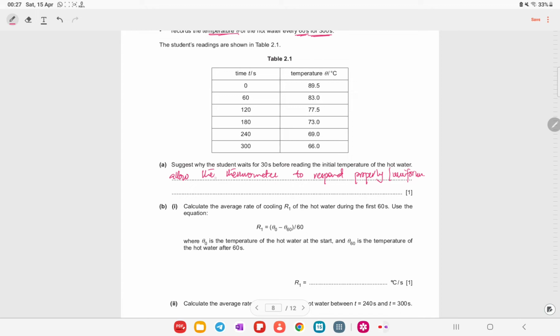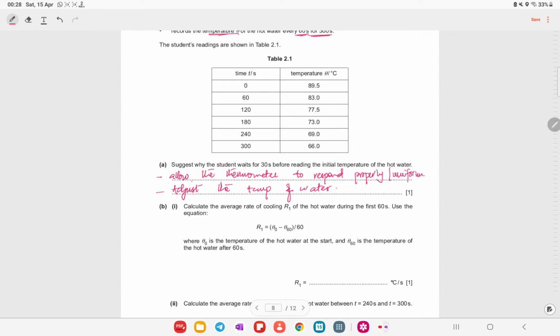And you can also write it like this: to adjust to the temperature of the water, so that the thermometer can adjust itself to the temperature of the water.